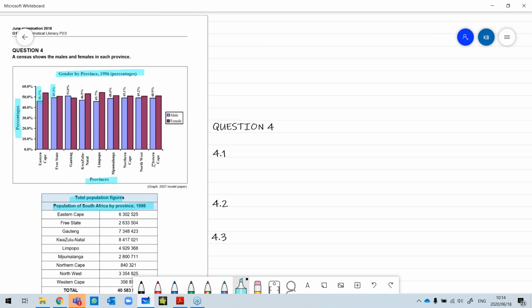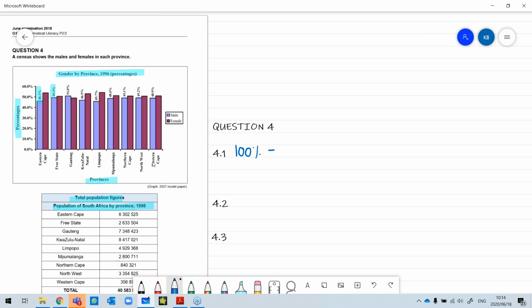So the males are this violet purple, where the females are represented by this pinkish purple. Now, the female percentage is not given. So our population is only considered out of males and females. So we can consider that males and females altogether make up 100%.